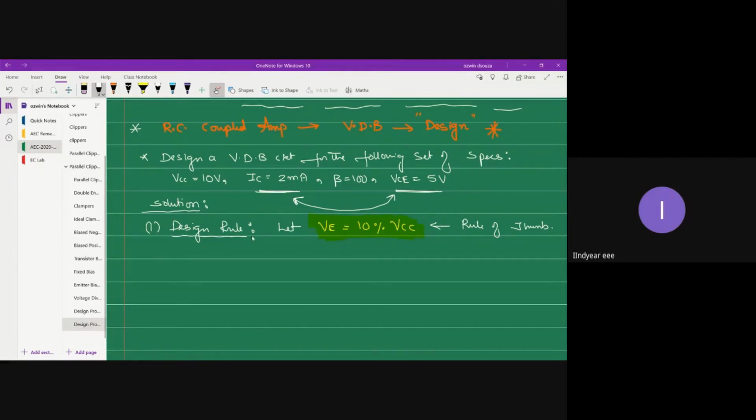Now, this particular design rule ensures that the value of RE is neither too large nor too small. So basically you would get RE within an optimum value, which is desired.